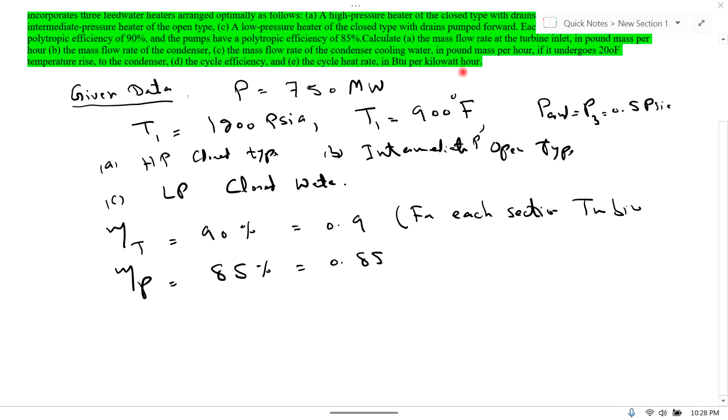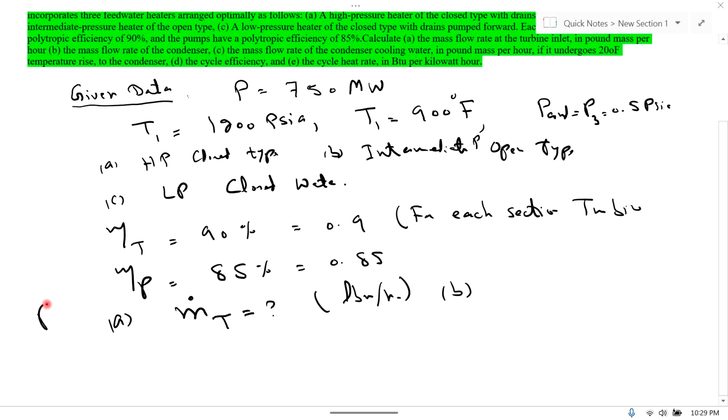Calculate the mass flow rate at the inlet of the turbine in pound mass per hour. Part A: find the mass flow rate of the turbine in unit of pound mass per hour.